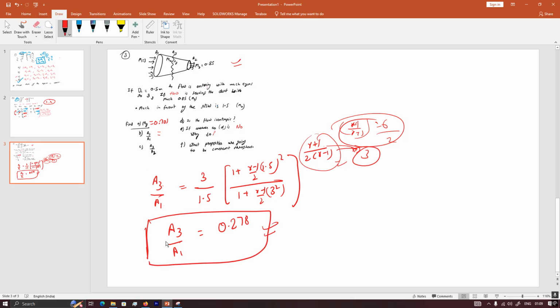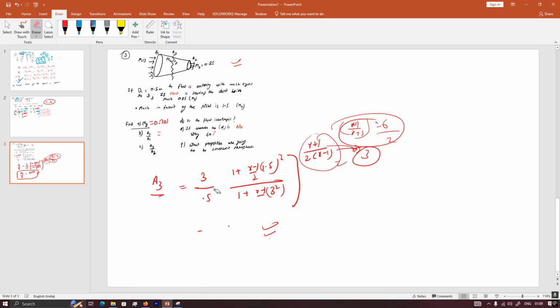You can see A3 is less, so it is validating that point. So now let's see what is being asked on the next page. 0.278, right? And similarly you'll do for A3 by A2.